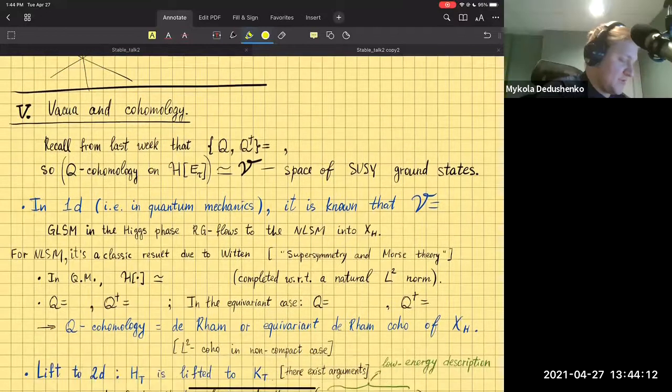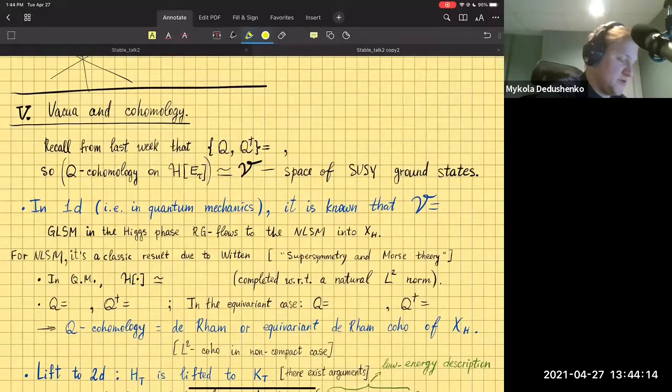Now recall from last week that once you have the supercharge Q and you take its anti-commutator with Q dagger, then you get, at least in this case, a Hamiltonian. So the Q cohomology, as I said, is a space of supersymmetric vacua.